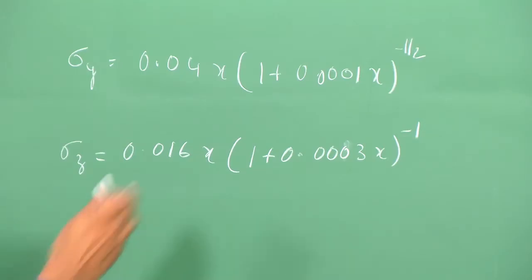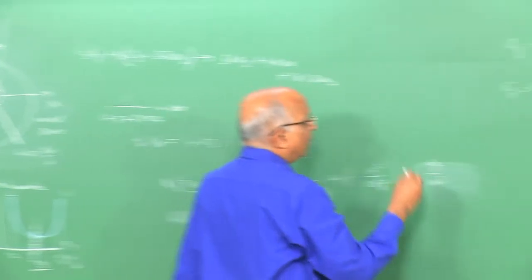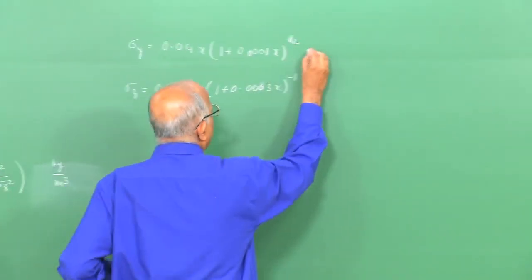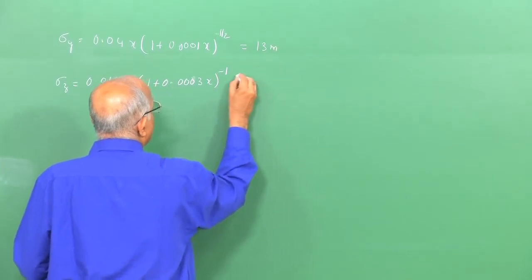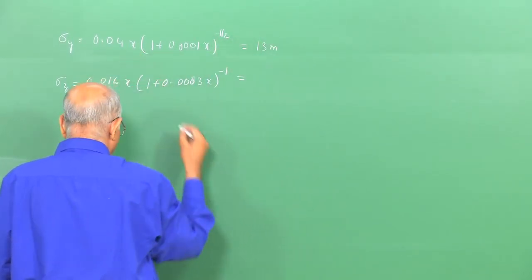If I substitute the value of x, because I am interested in the point at a distance of 330 meters, the value of sigma y comes out to be equal to 13 meters, that is the dispersion standard deviation, which is the dispersion coefficient.